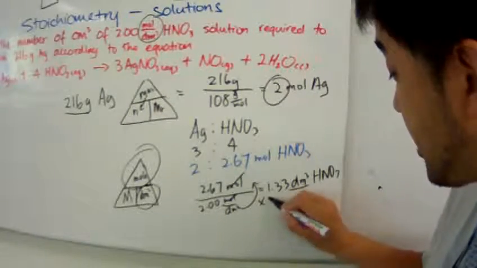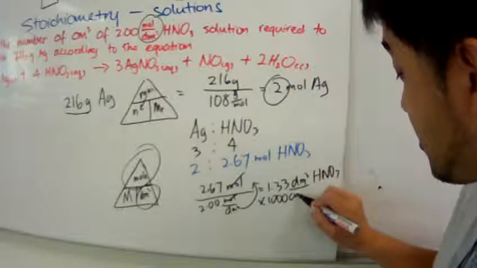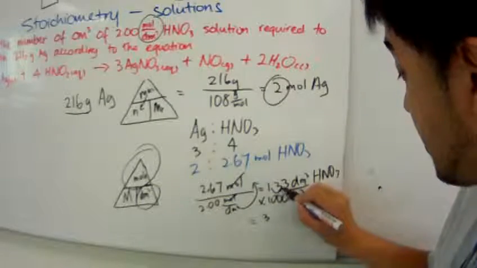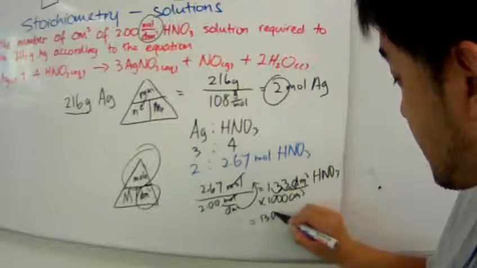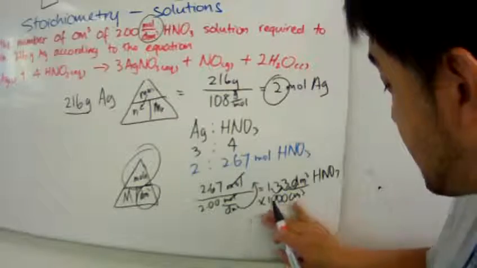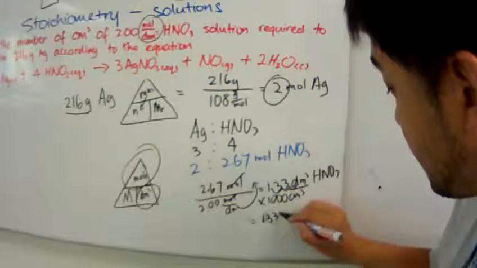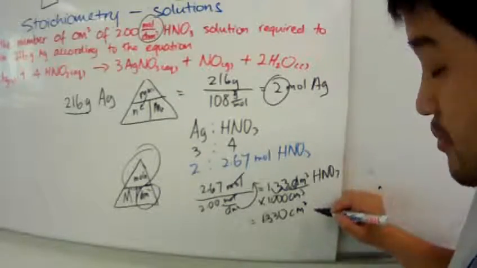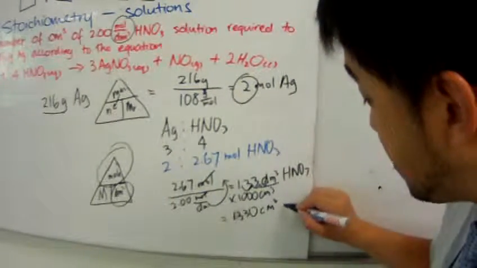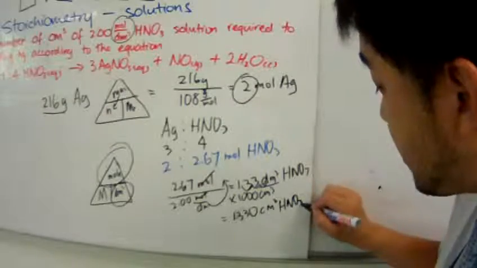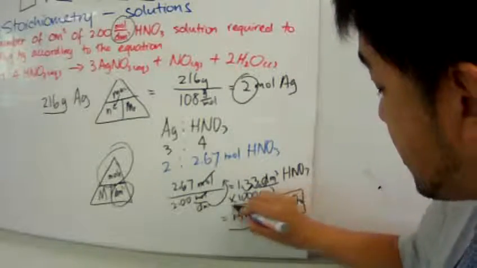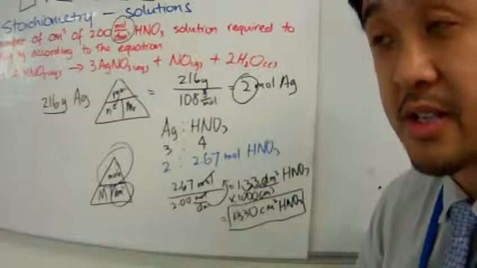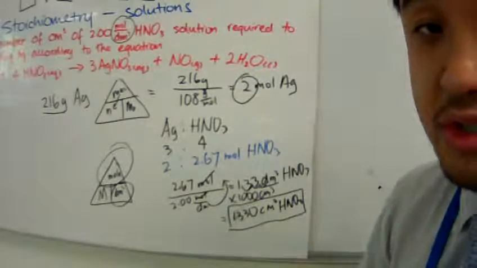And we multiply it by 1,000 to convert it from cubic decimeters to cubic centimeters. And so the answer that we have here now is 1,330 cubic centimeters of nitric acid used.